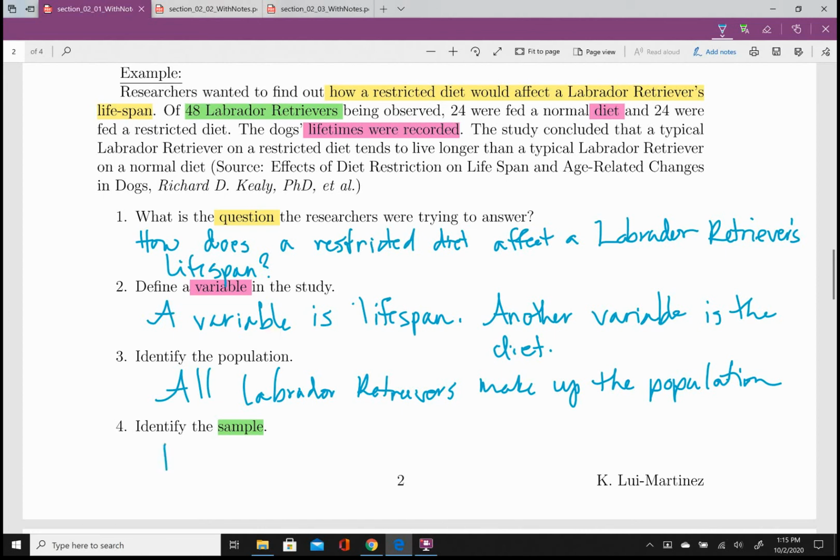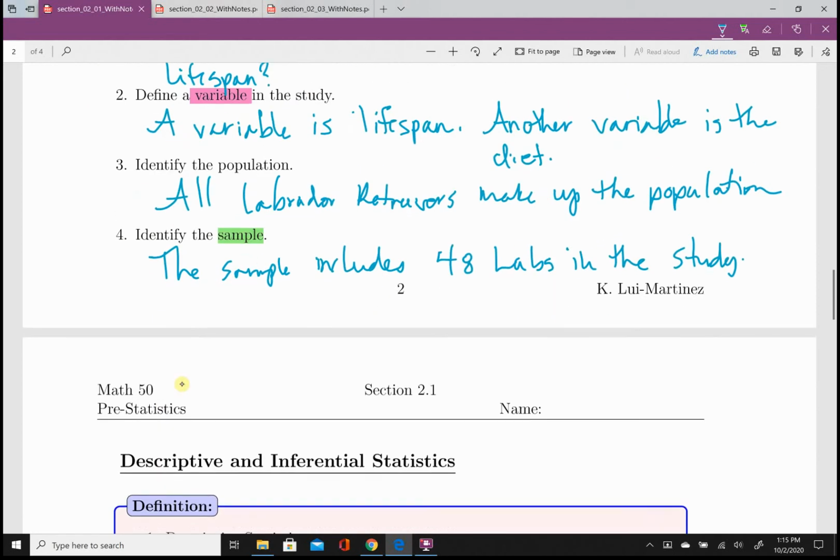So the sample includes 48 Labrador retrievers in the study, or you could just say labs for short, in the study. Great. Okay. So let me know if you have any questions about that.